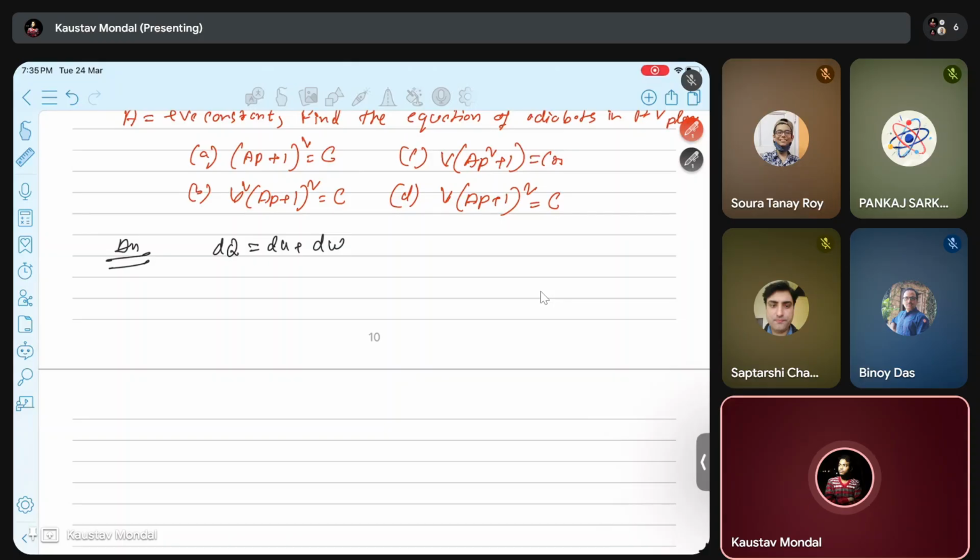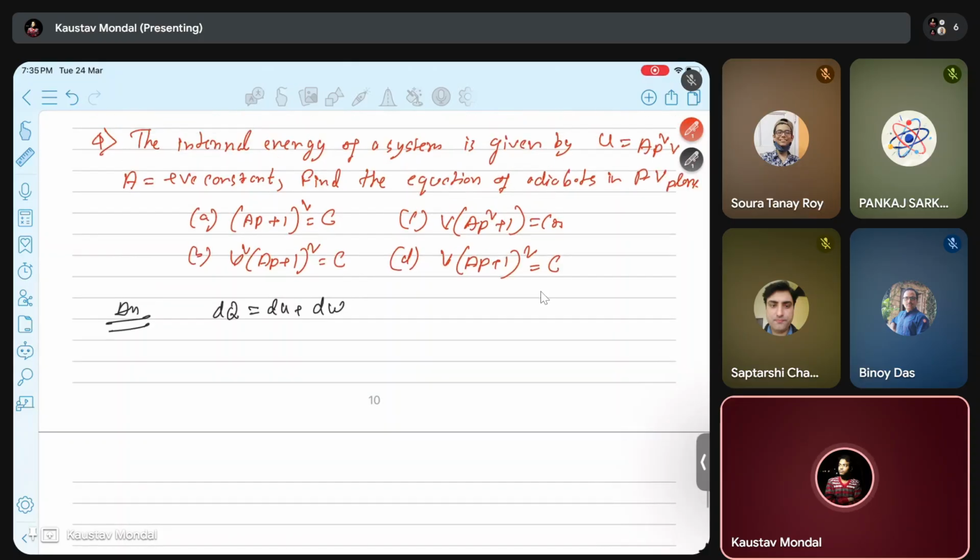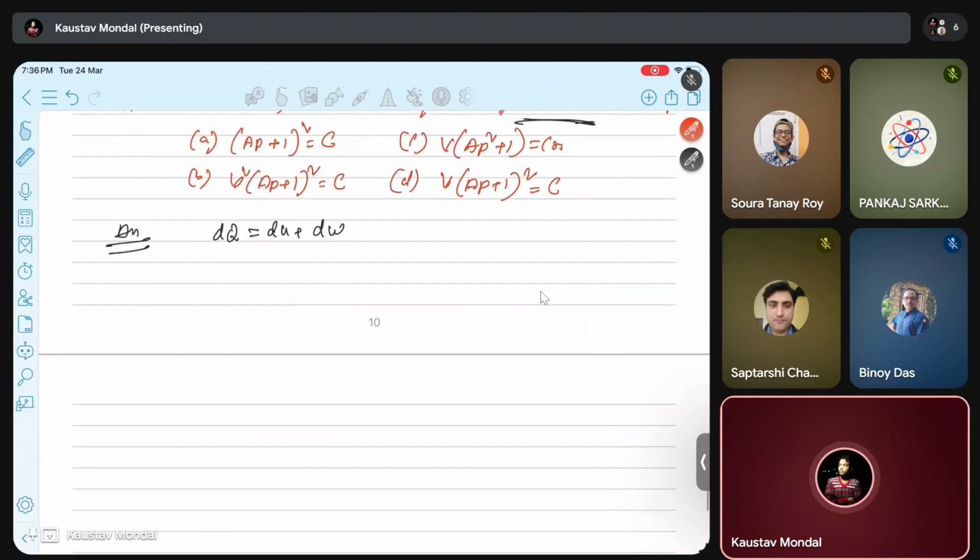So by substituting the necessary things, you can get the equation of the particular system that you are dealing with. For this case, if you read the question carefully, you have to find the equation for the adiabat. Since it's mentioned adiabat, that means dq equal to 0.